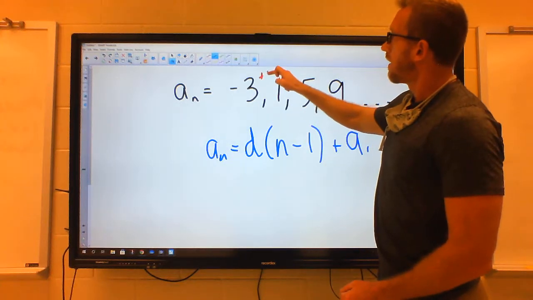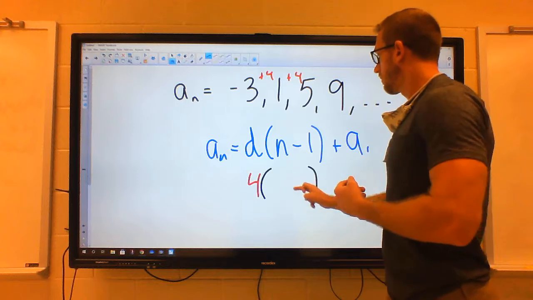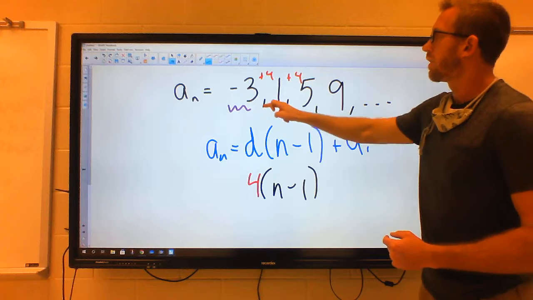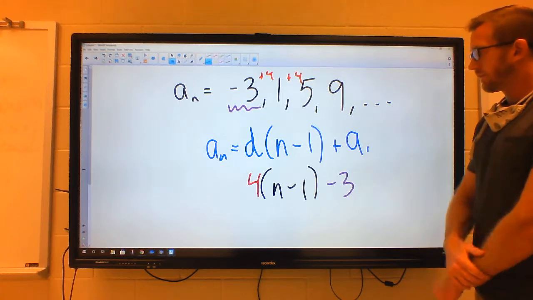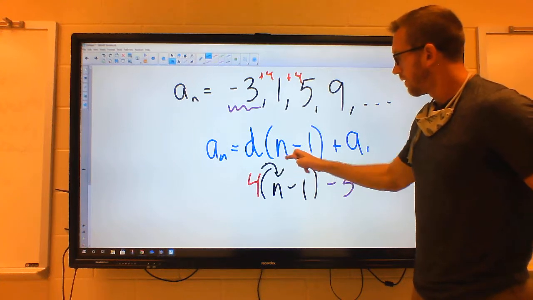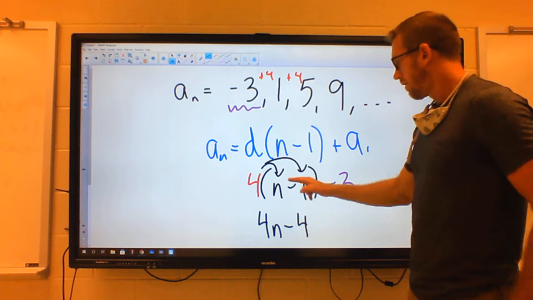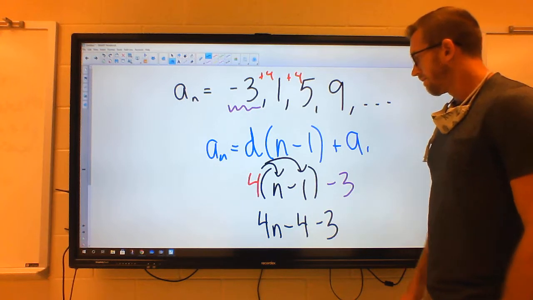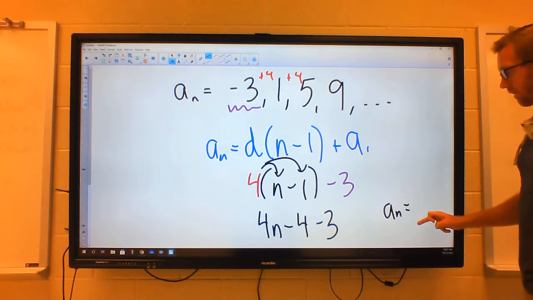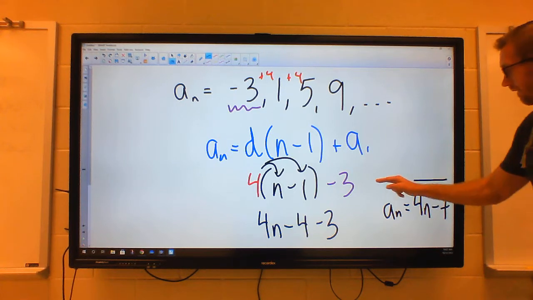We have to identify that we're going up 4 each time, and we have to identify that our first term is -3. We have to distribute: 4n minus 4 minus 3. So we end up with the explicit rule 4n minus 7.